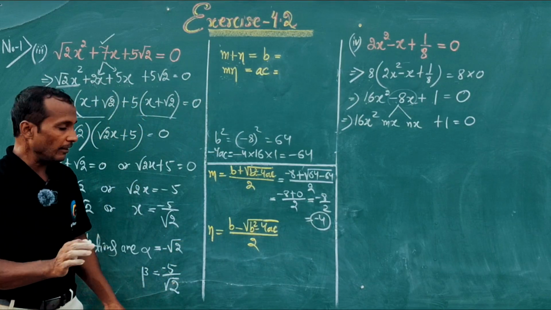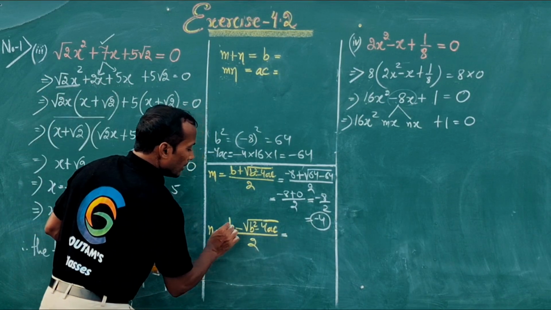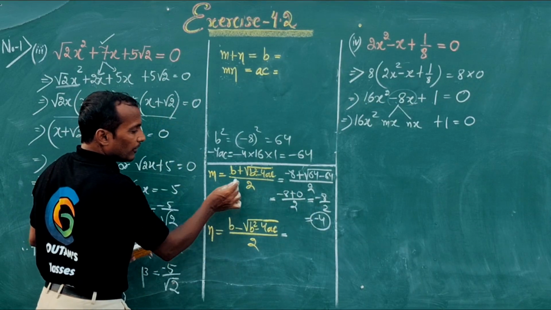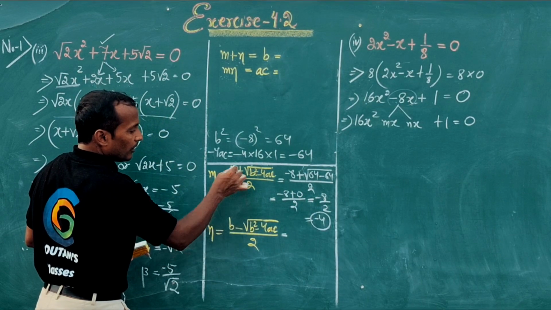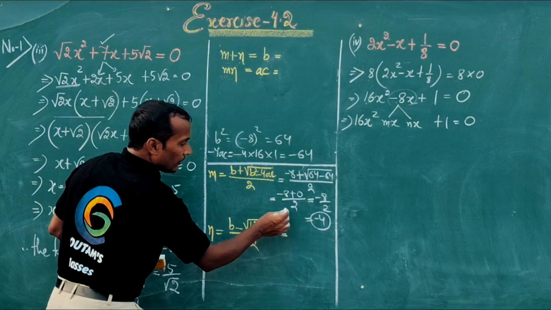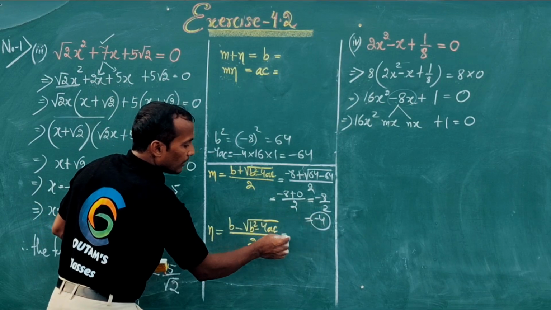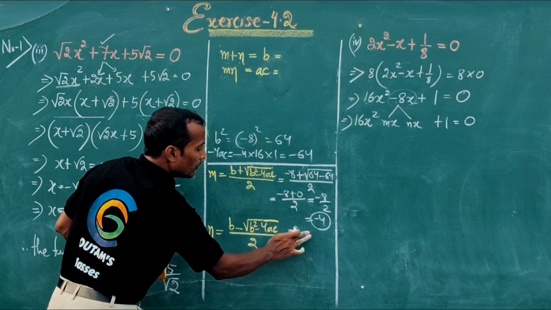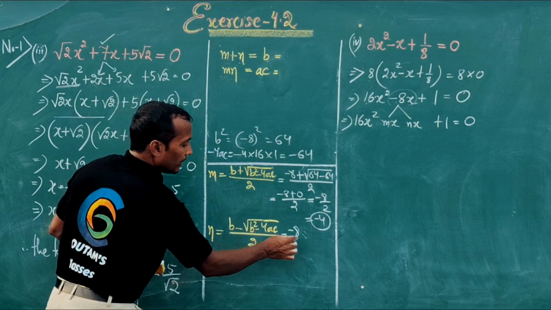What will be the value of n? Let me calculate that also. If you compare this to the formula, you can see that except for the plus and minus symbol, all other things are the same. So I can simply take the help of this part. Minus 8 will be there. Just replace this plus by minus.